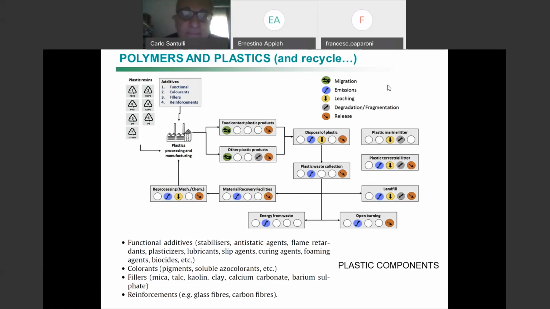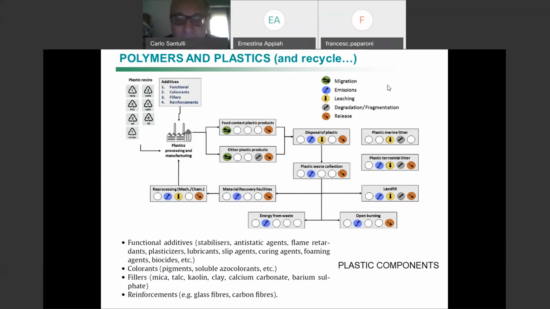And a big distinction is done in the case that plastics are used in the food sector or not, because in the food sector we don't accept degradation of plastics into food.